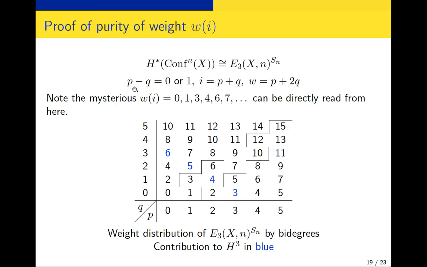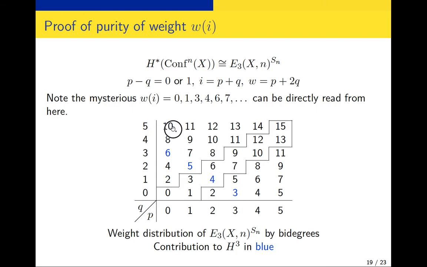And the assertion of the last page is that P minus Q must be 0 or 1. So all the non-zero pieces are concentrated in the strip here. If we try to read H3, we see that these blue things only hit the striped region once. So this means that H3 only has weight 4 pieces.